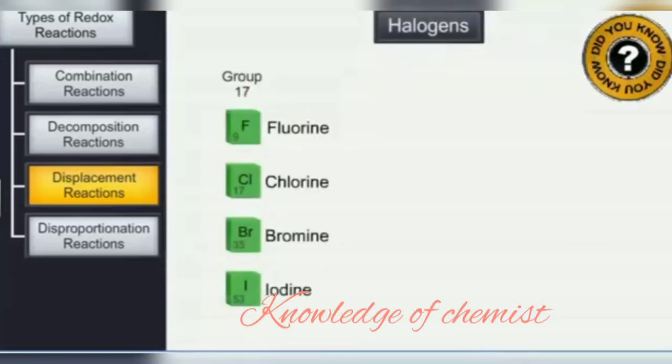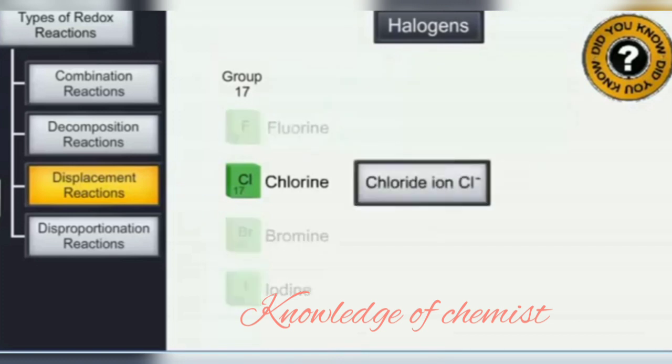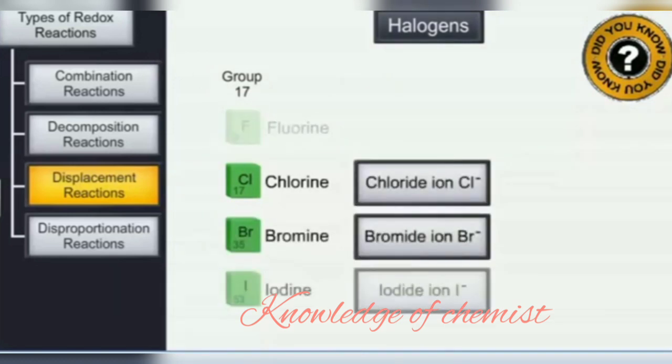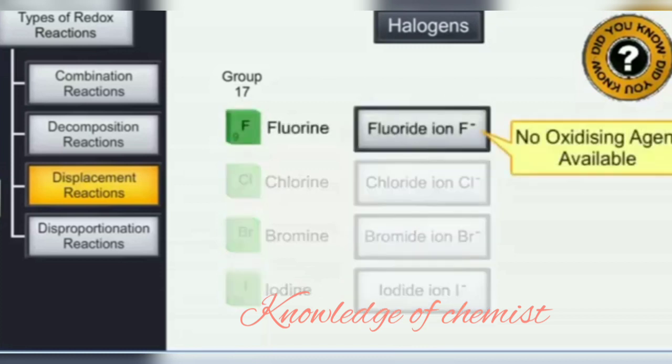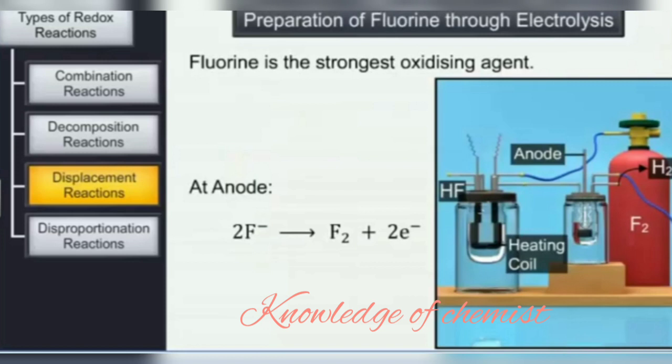There are oxidizing agents that can oxidize chloride, bromide and iodide ions, but no oxidizing agent is available to oxidize fluoride ions. This is because fluorine is the strongest oxidizing agent. The only way to prepare fluorine is to oxidize fluoride ions electrolytically.